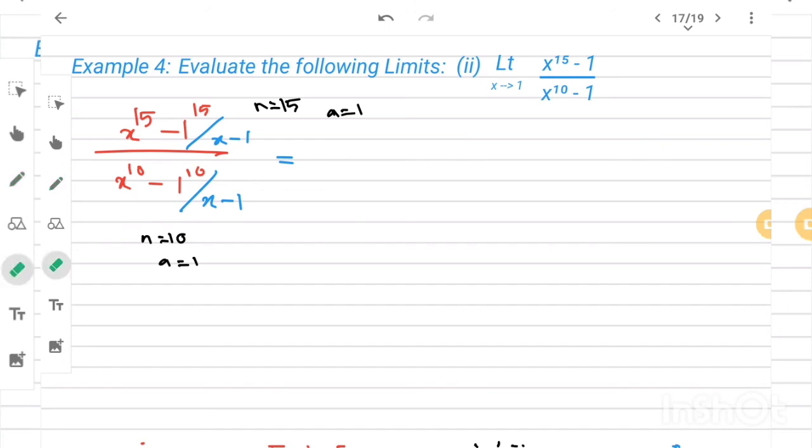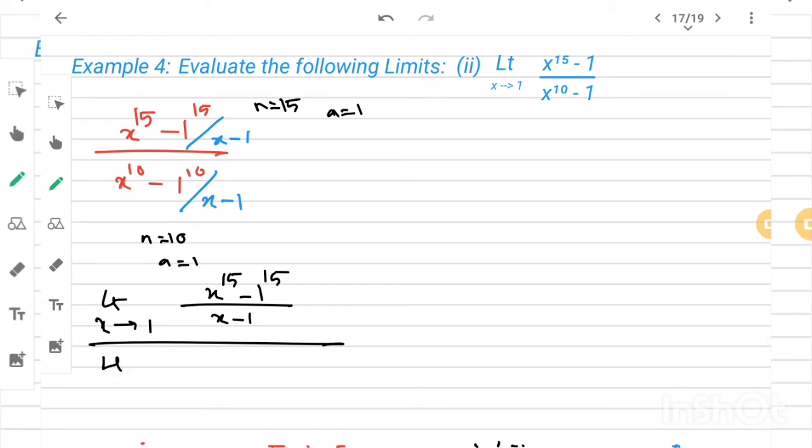So what will happen to the simplification? Limit x tends to 1, in this it will become (x^15 − 1^15) whole divided by (x − 1), and the denominator, limit x tends to 1, (x^10 − 1^10) whole divided by (x − 1).